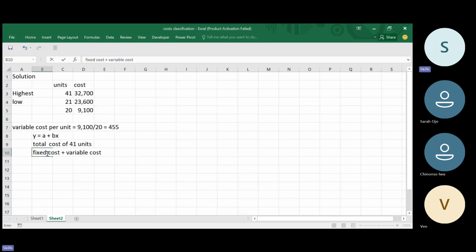The fixed cost plus the variable cost is what gives us the total cost of this unit, which is 32,700. And our cost per unit is 455.